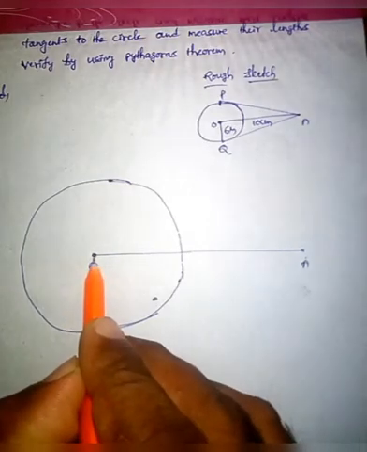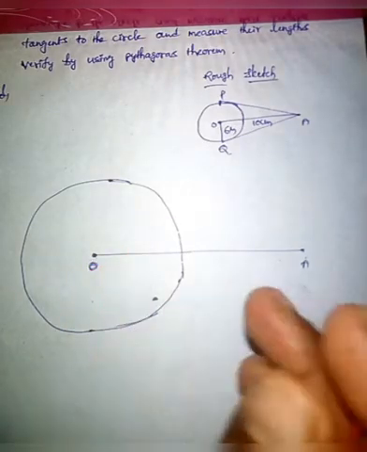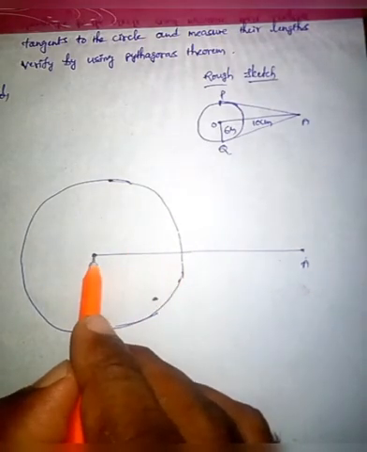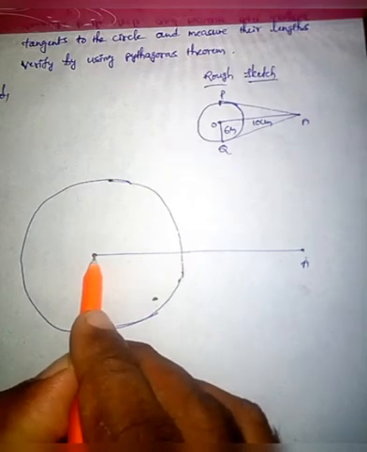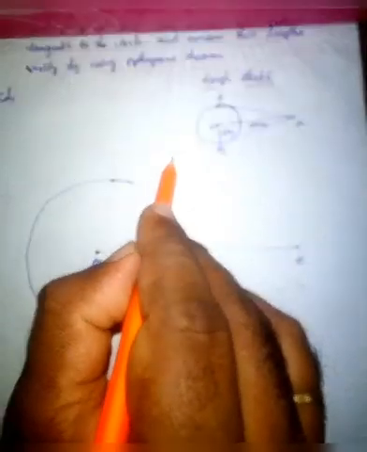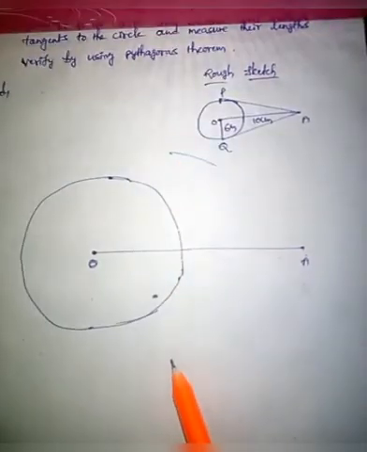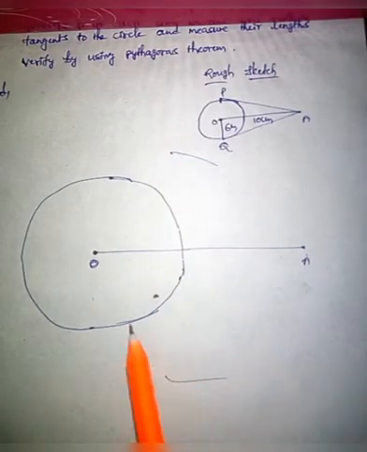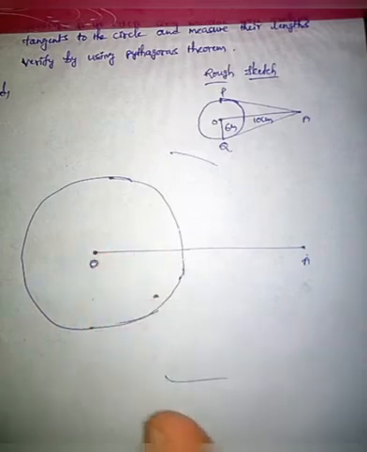Now take your compass and, taking O as center with 7 centimeter radius, draw an arc above and below the line. Don't disturb that radius.